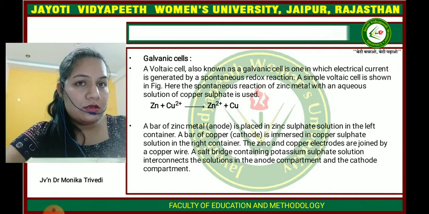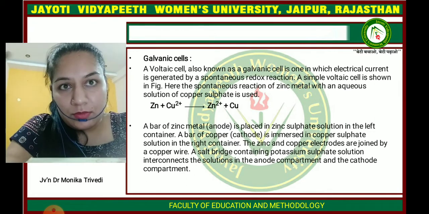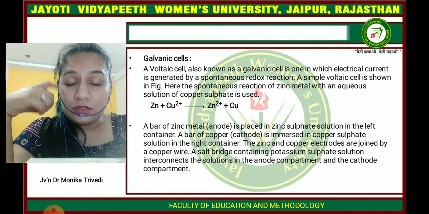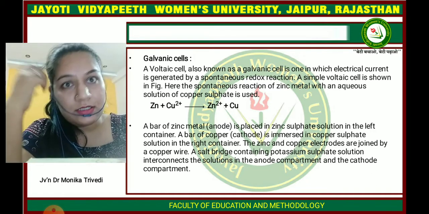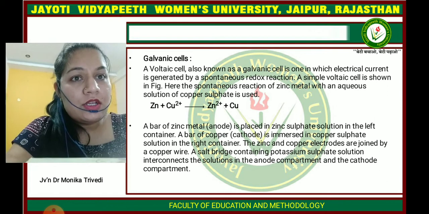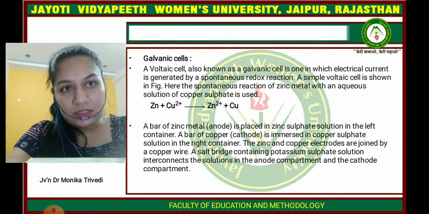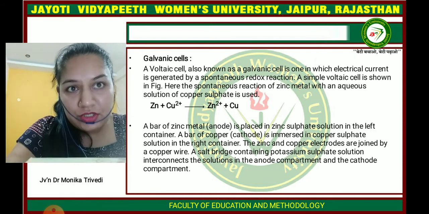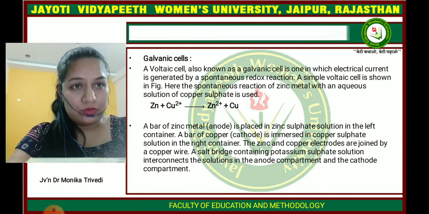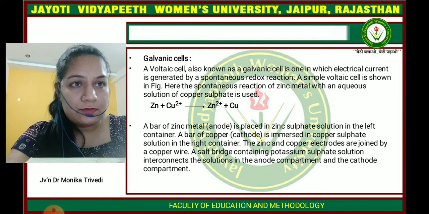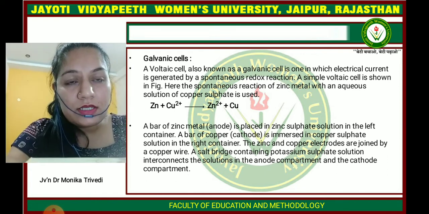I have given some idea about the galvanic cell and electrolytic cell in my previous sessions. You all know about the oxidation-reduction process, what a half reaction is, and what an anode and a cathode are, so I will not discuss them in this session.